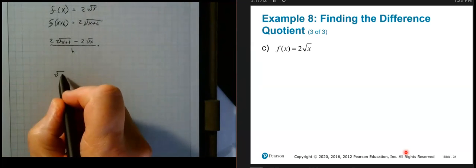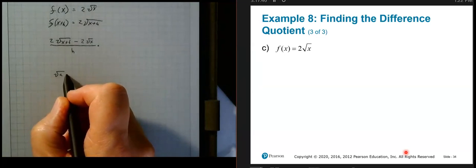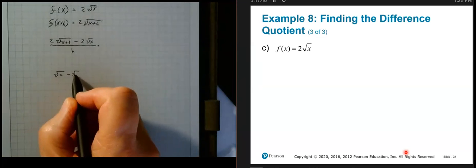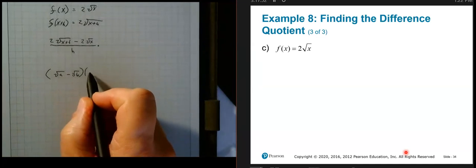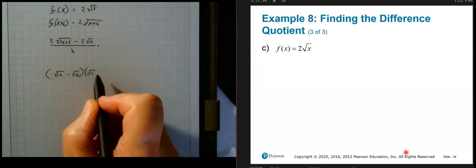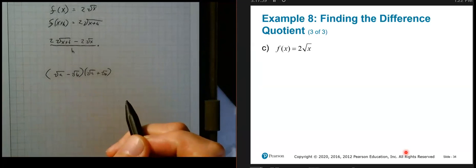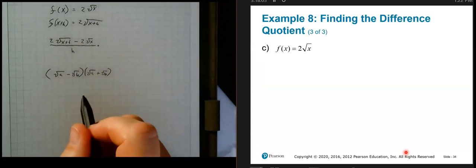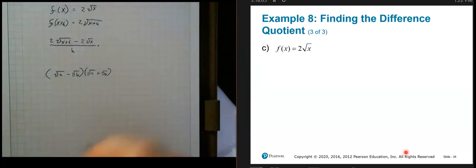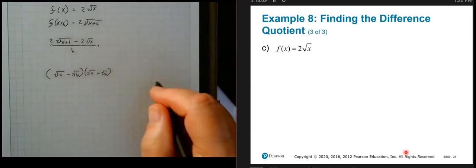If you have the square root of a minus the square root of b, and I multiply this by the square root of a plus the square root of b, something magical happens, because this deals with the product of a sum and a difference of the same two terms.